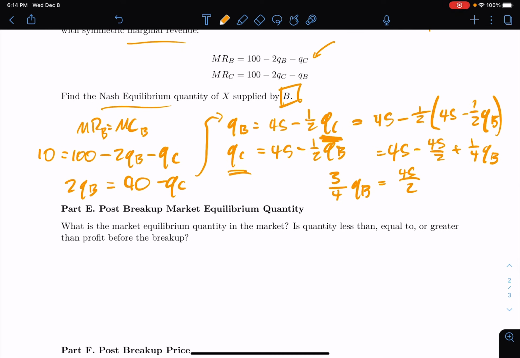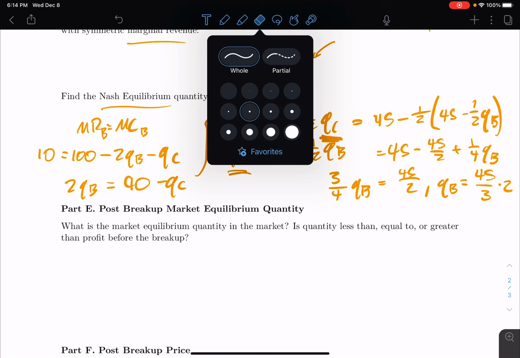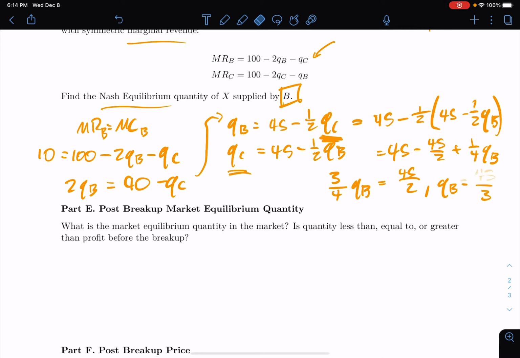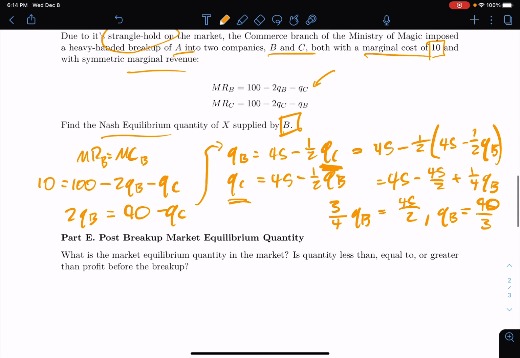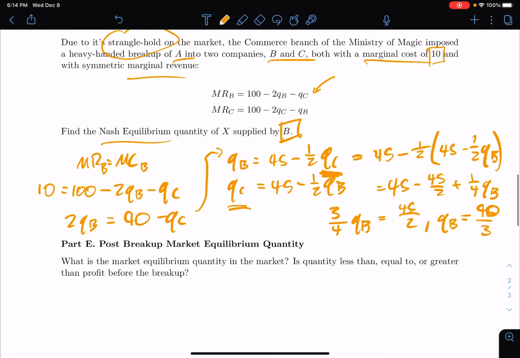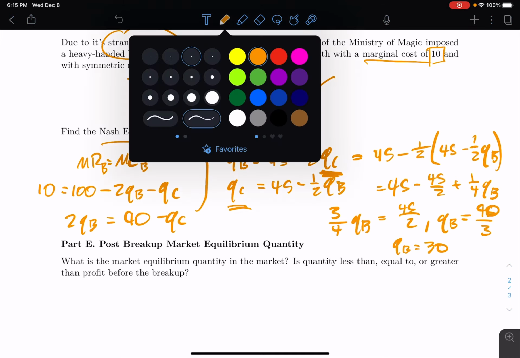Okay, and we get some cancellation, giving us QB is equal to 45 over 3 times 2. So let's just simplify this. This is 90 over 3. And we'll do one more simplification here. We get QB is equal to 30. Put a box around it.